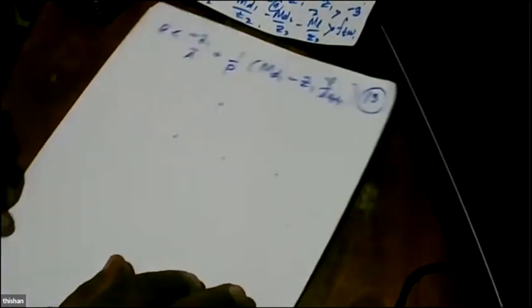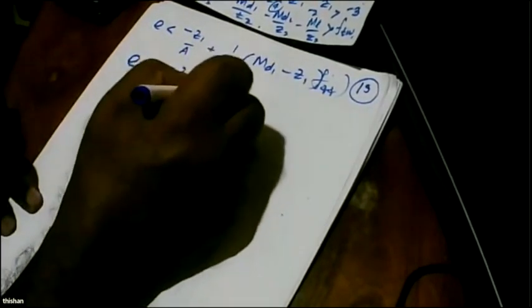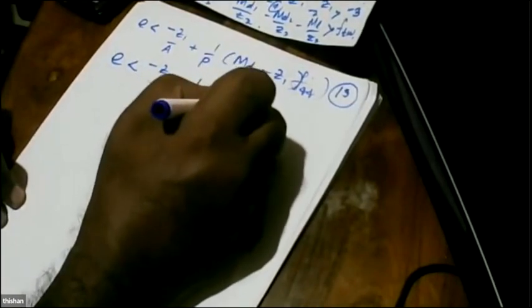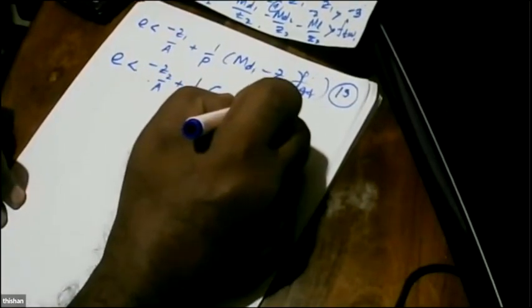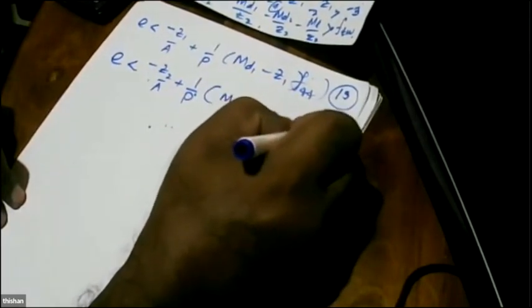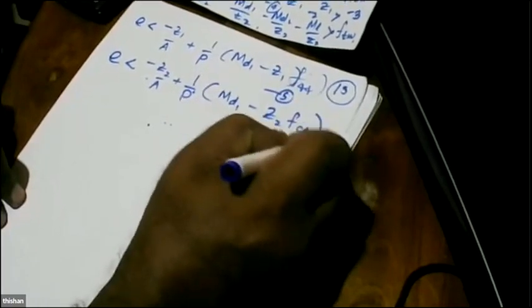If you look at the second equation, again you can see E is less than minus Z2 over A plus 1 over P, MD1 minus Z2 FCT. This is equation number 5. This is equation number 6.